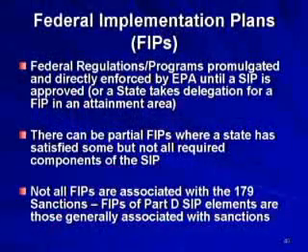So not all FIPs carry sanctions. But a FIP for a mandatory Part D element, because the state did not give that to us, those are the kind of FIPs that are associated with the 179 sanctions.